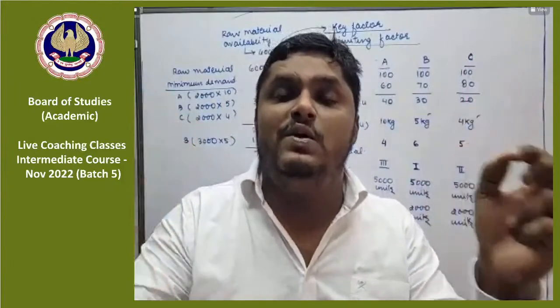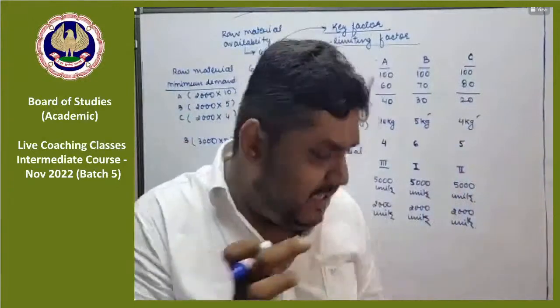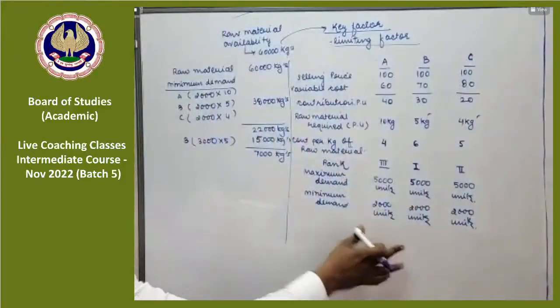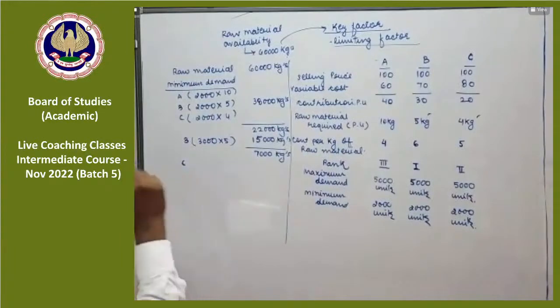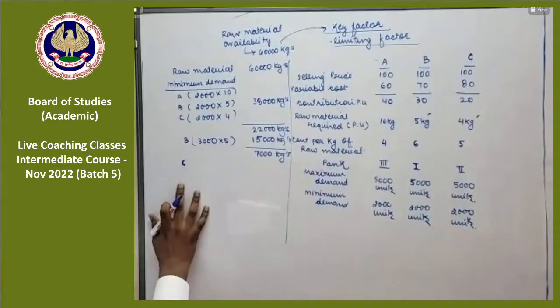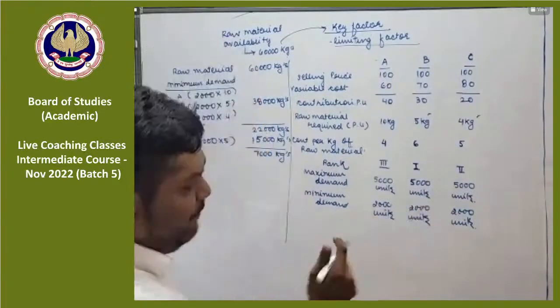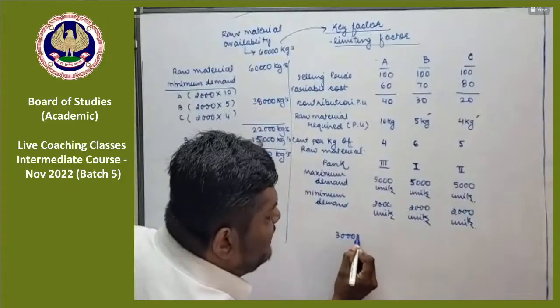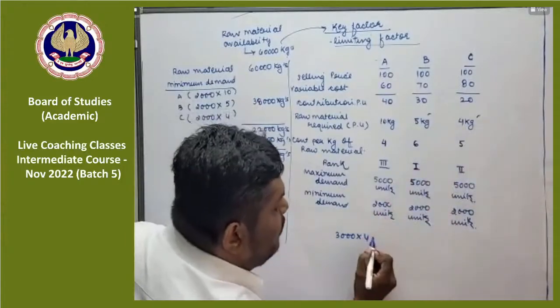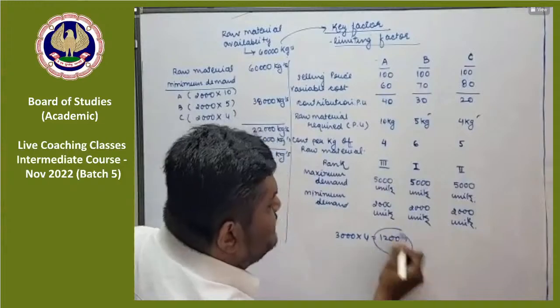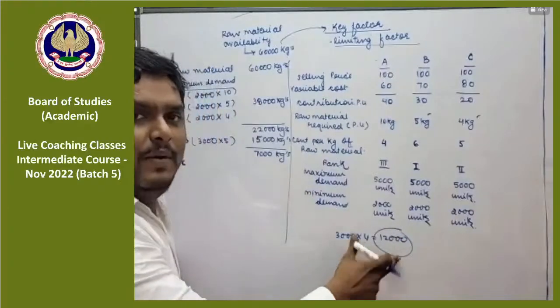We can manufacture only 1,750 units extra. How come? Very simple. If we want to manufacture the entire 3,000 units of C, the raw material is 4 kgs per unit, so we need 12,000 kgs. Is 12,000 kgs available with us?